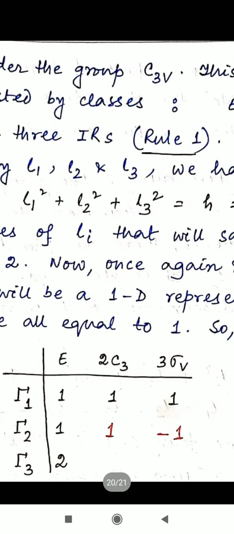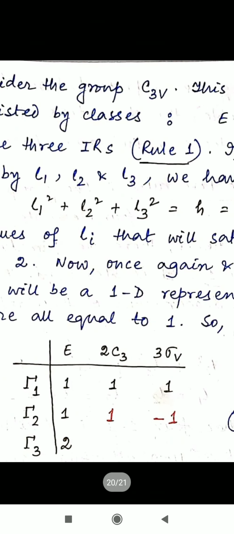Then another thing is that we have to write an irreducible representation where all the values are 1. So at the top we have written 1, 1, 1, with respect to the Bethe notation 1. Next, from rule number 3 we can write that 1 square plus 2 into 1 square plus 3 into 1 square is equal to 6.